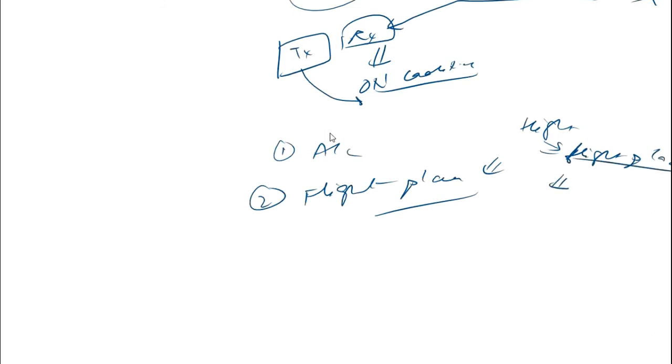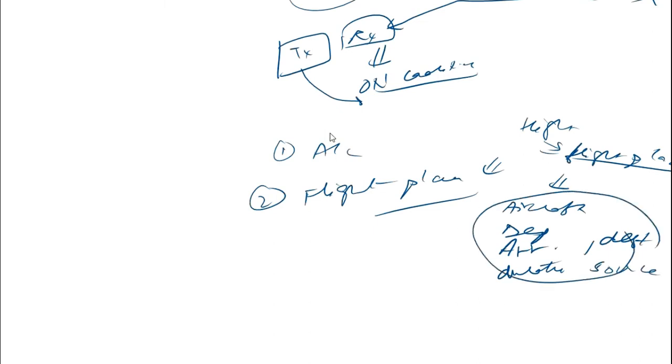It will have the details of the aircraft, its departure time, arrival time, duration, destination, the source of origination, and many other things. ATC will have the flight plan of all the aircraft under its control, so he will have this information beforehand.